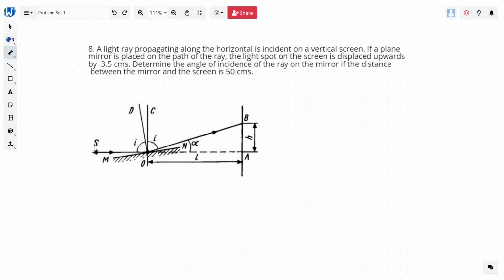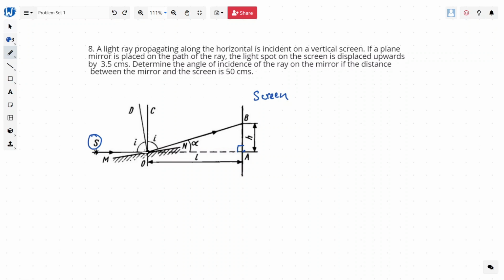So we have a light ray from a source. It's coming like this straight on a vertical screen. So this is our screen. If the plane mirror is placed on the path of the ray like this, the light spot on the screen is displaced upwards by 3.5 centimeters.